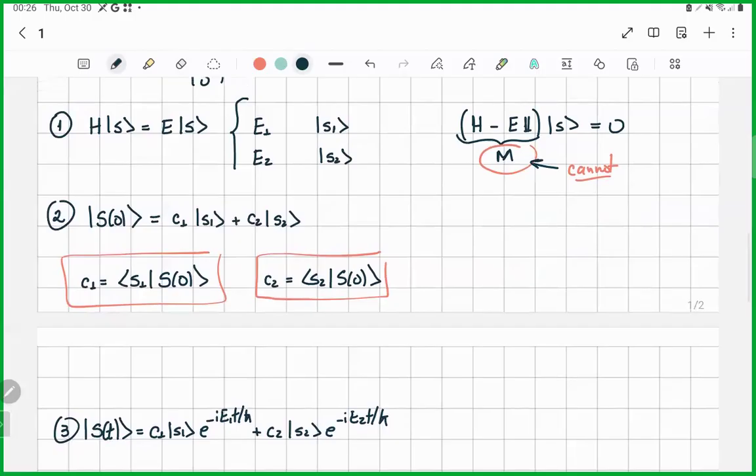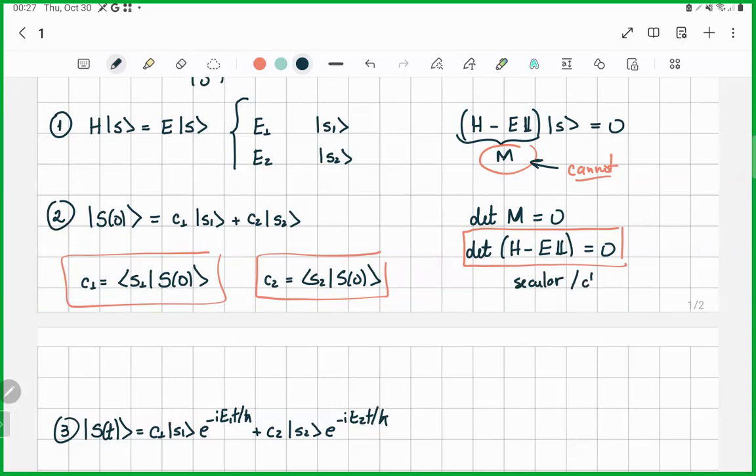That means that the determinant of this matrix has to be 0 for us to be able to find the eigenvalues and the eigenfunctions. The determinant of this matrix is the determinant of the Hamiltonian minus the energy multiplied by the identity. The determinant of this matrix has to be 0. And this is the equation that we have to solve to find the eigenvalues. Some people call it the secular equation or the characteristic equation.